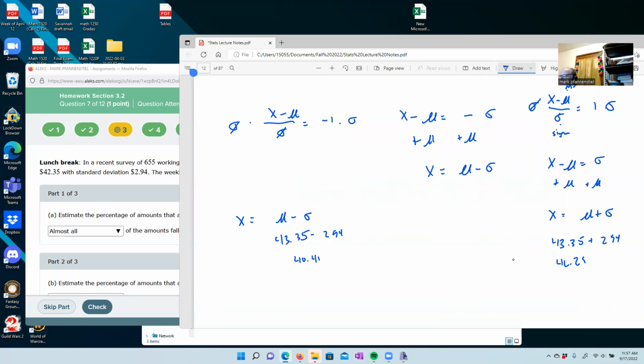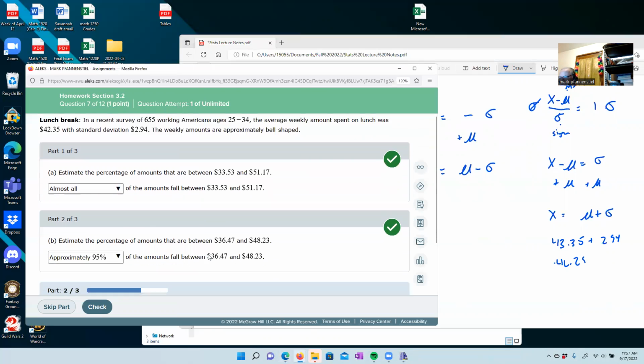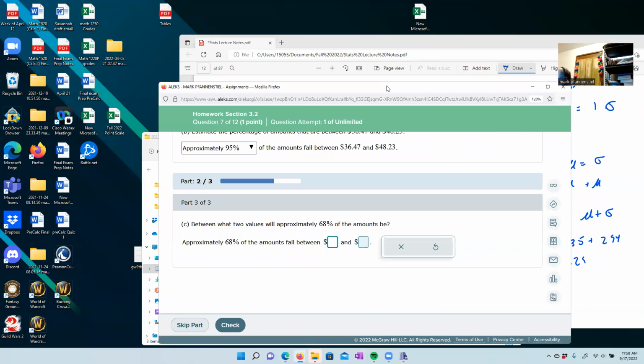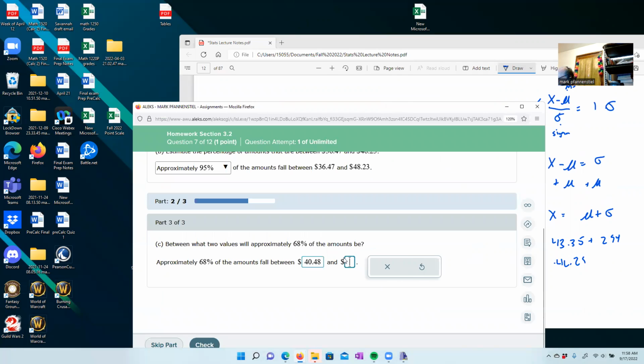Okay, so 68%. That's within -1 standard deviation, +1 standard deviation. All right, so that's all we're going to do, we're just going to type that in. That must fall between, what's the first number I have here? I have $40.41, and then 42.29.